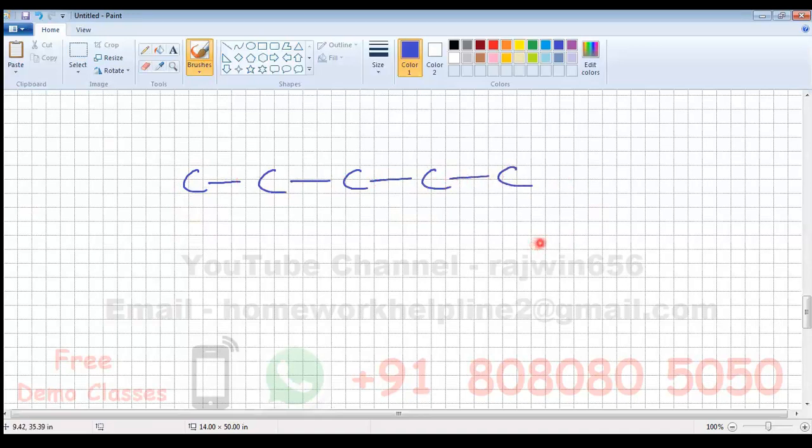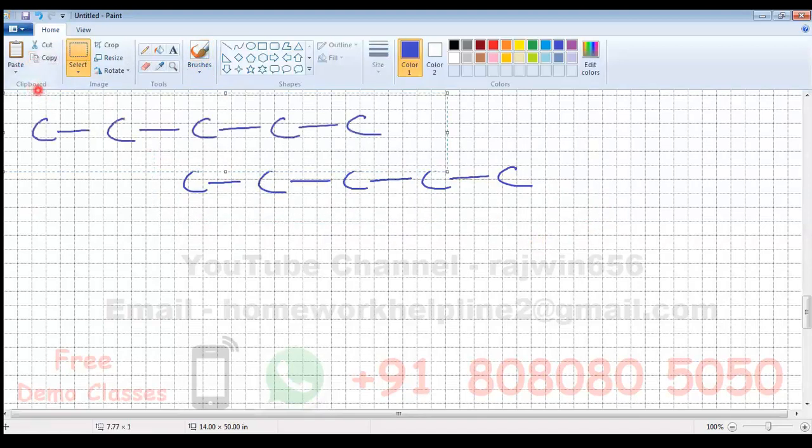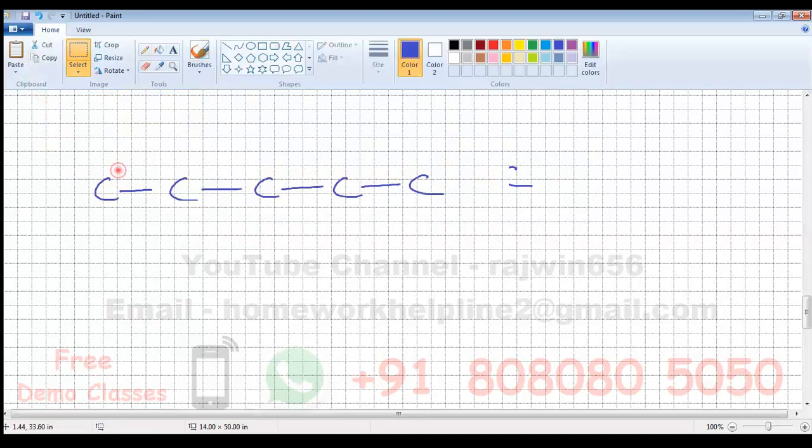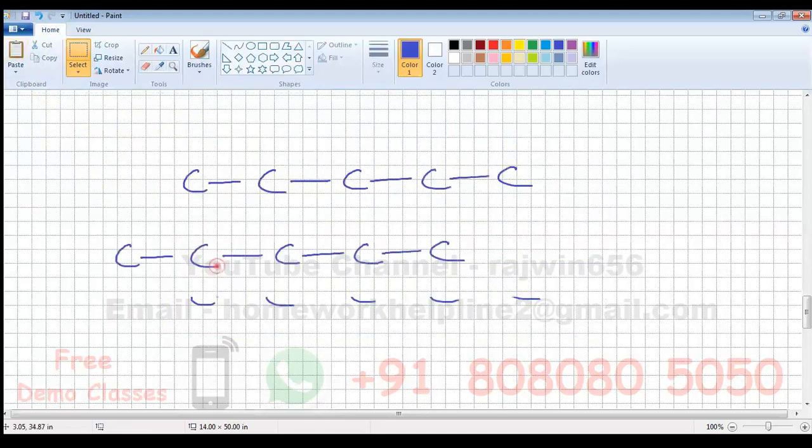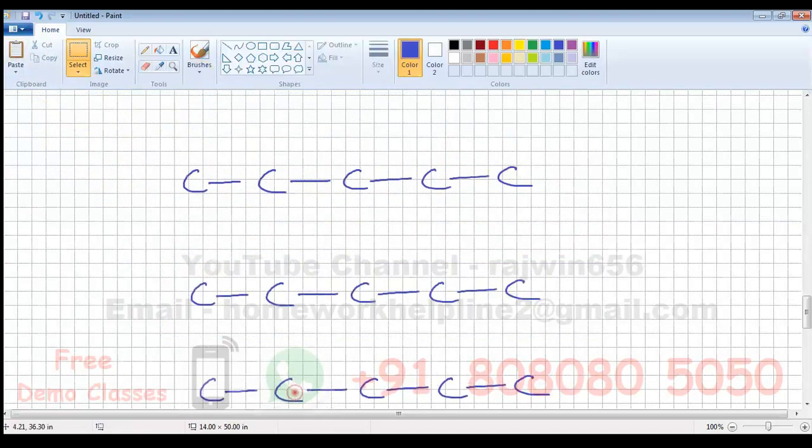These are 5 carbon atoms. If I draw the double bond over here, this is pent-1-ene. If I draw the double bond over here, it's between the second and third carbon atom. This is going to be pent-2-ene.